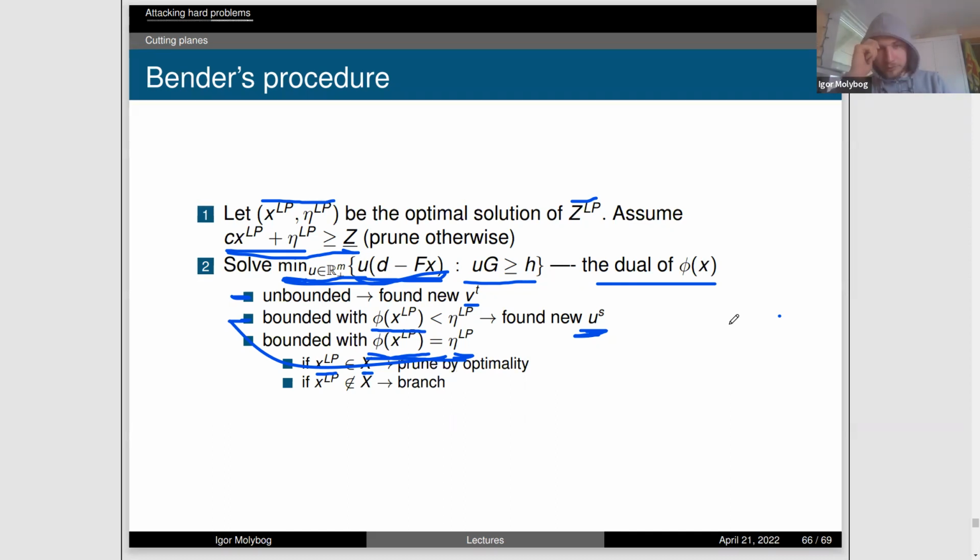I would like to know if it's absolutely obvious why, for example, if phi of xLP is less than eta LP, then we have found a new extreme point.